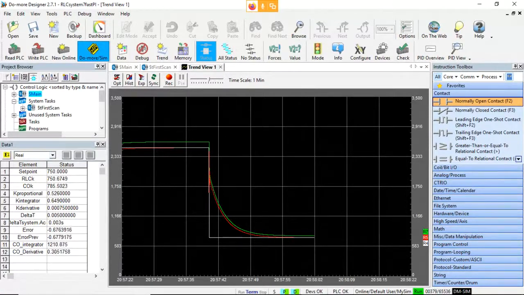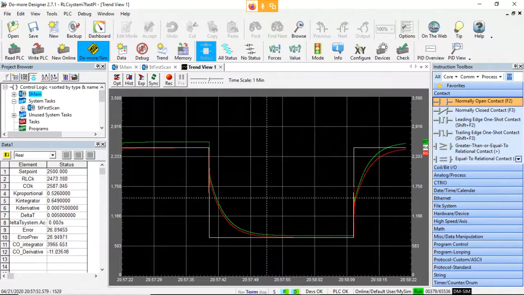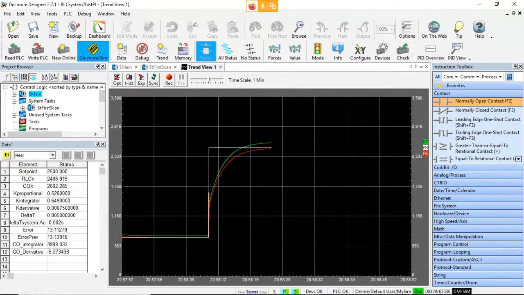See, the derivative piece is real small now because it's barely changing, like 0.0 something, so it's very small. Now we jumped and it's 300, so during that jump, that derivative jumped up really high. I'm not actually plotting that. If we add that to the trend, we'll see that.